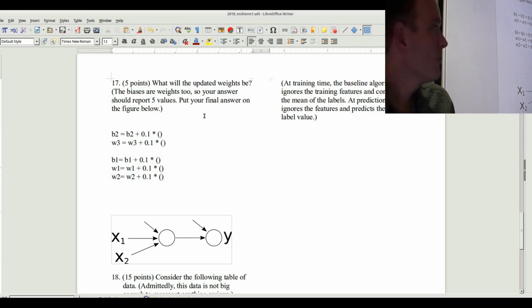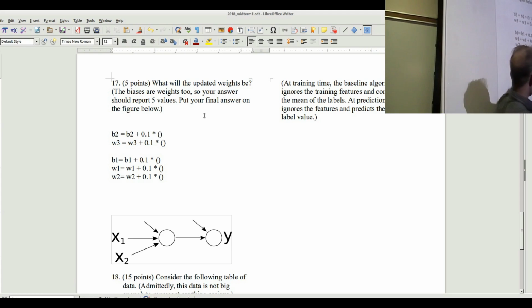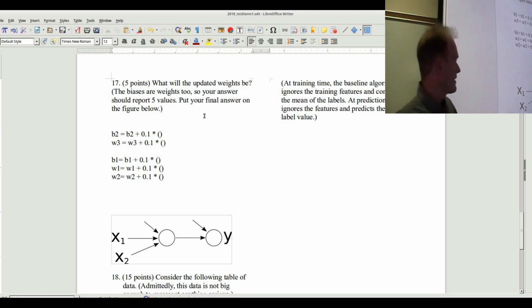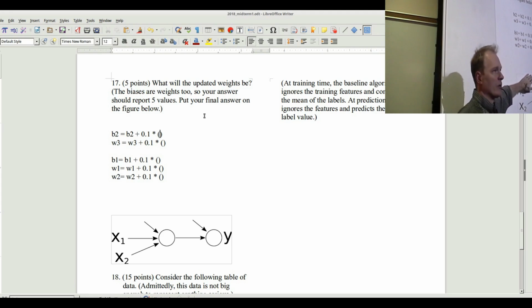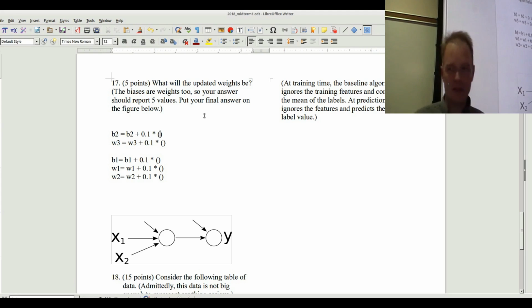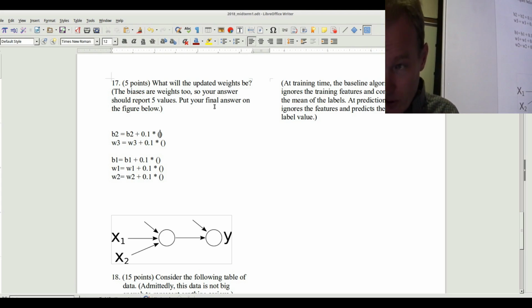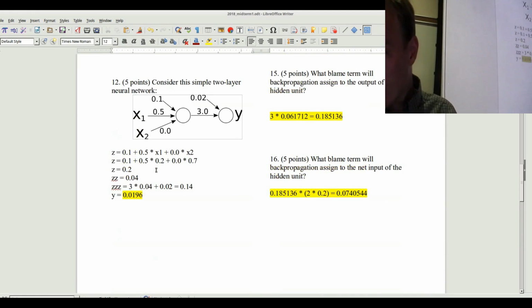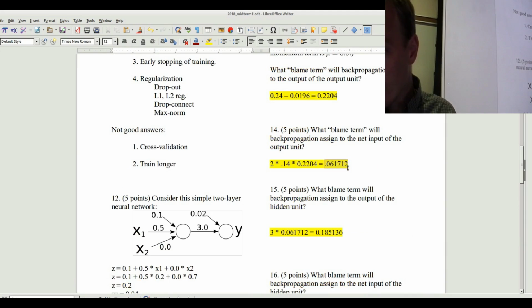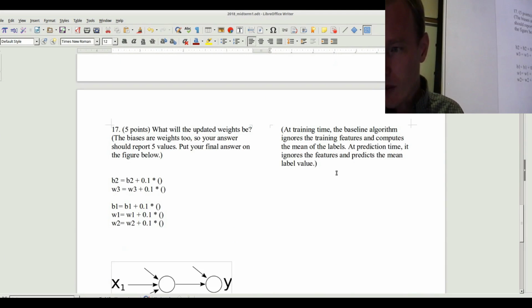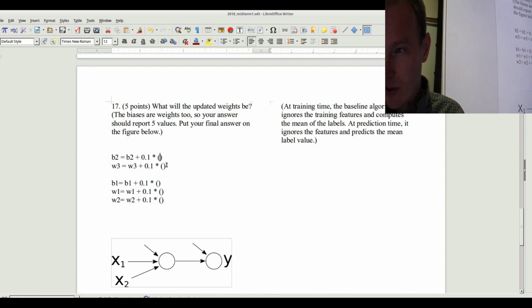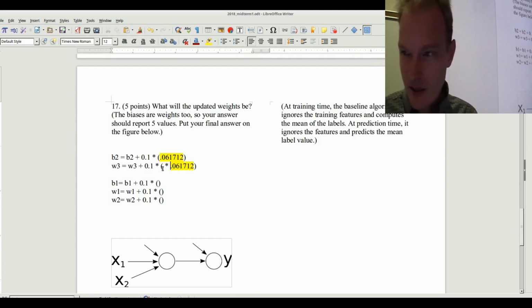So what goes inside of these parentheses is what's on both ends of the weight that we're about to update. And for the bias terms, what's on the input end is just the number 1 always, so it doesn't really affect anything. In other words, we're going to use this number for the output ones, and there will be something times that here.